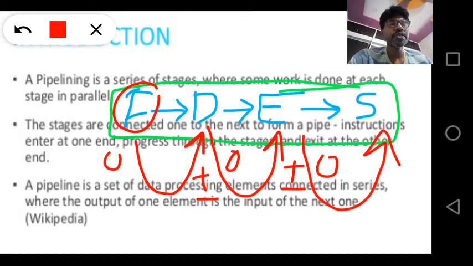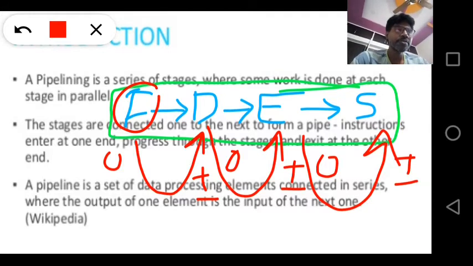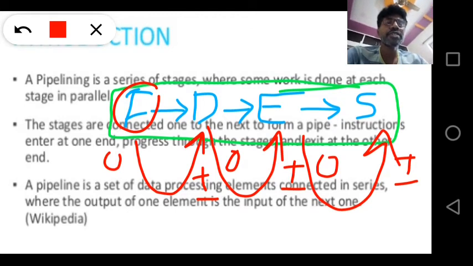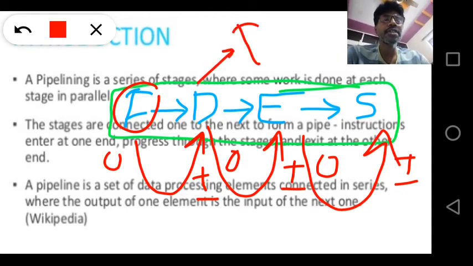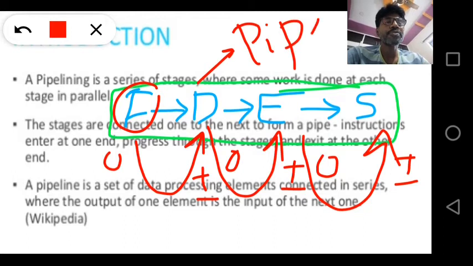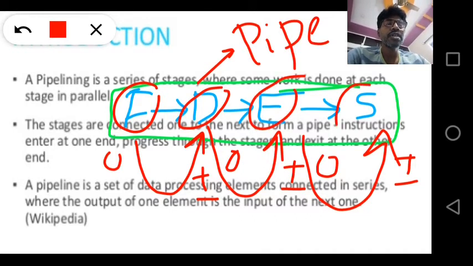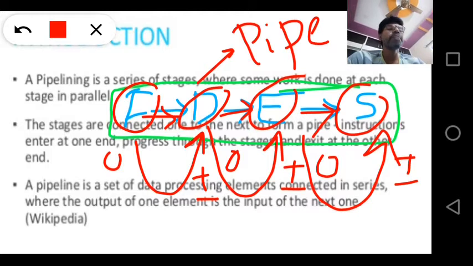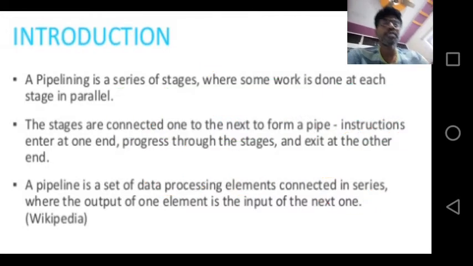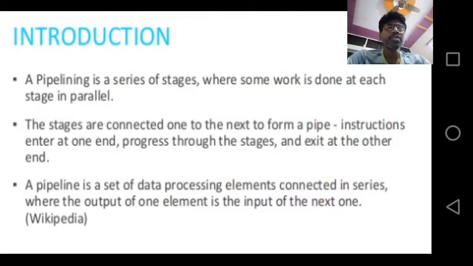Similarly, the output of execution is sent as an input to store. So these stages are connected. For that reason, we are referring to it as a pipe. Pipe means these are different stages which are connected. The stages are connected one to the next to form a pipe.